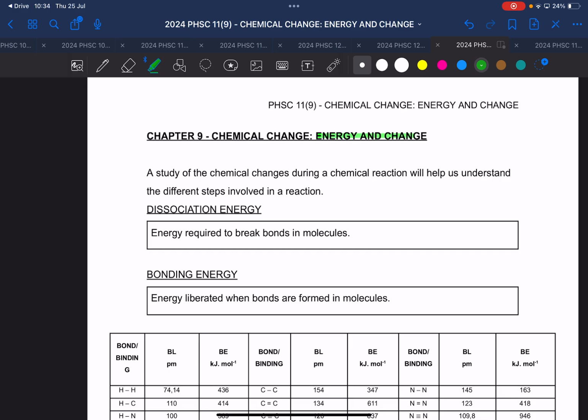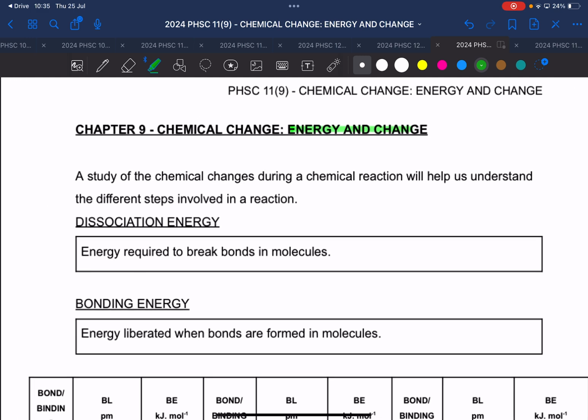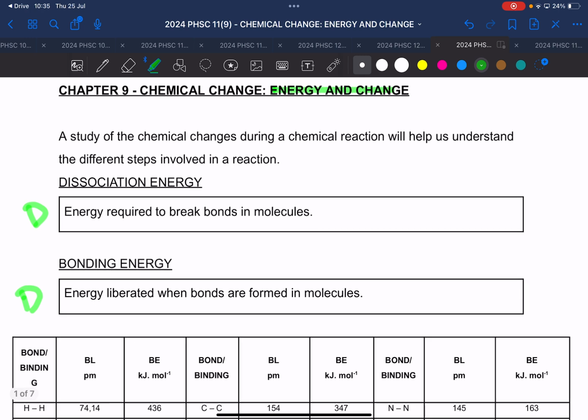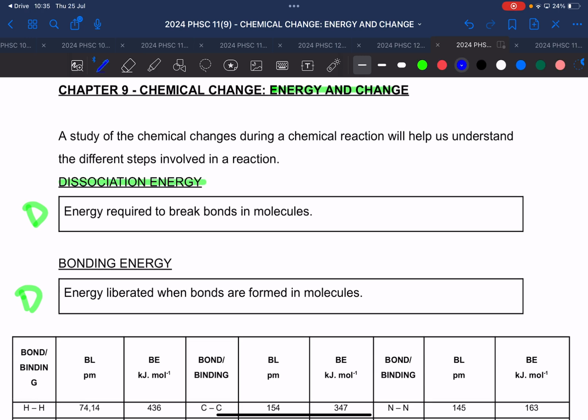Before we get to that, we are going to do two different concepts that you have discussed previously this year, if I'm not mistaken, but we're going to look at them again. The first one is dissociation energy, and dissociation means to break apart. The suffix -ation refers to the process of.